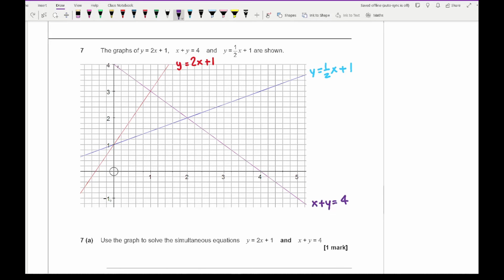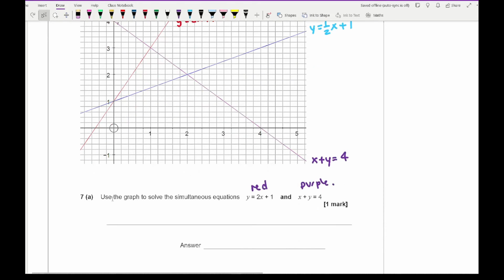So looking at question A, I'm looking for where the red and the purple lines intersect, and they intersect at this point here, which is the coordinate 1, 3. So x equals 1, y equals 3.